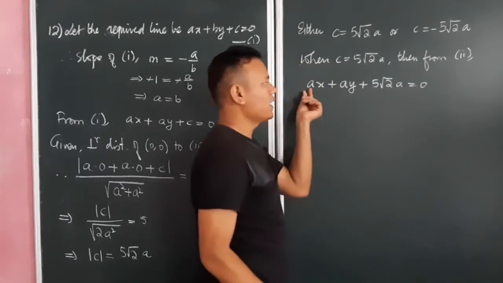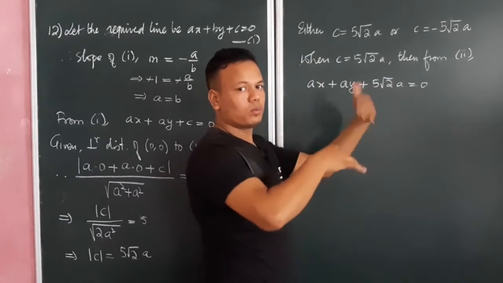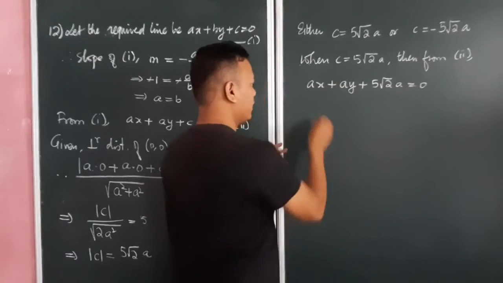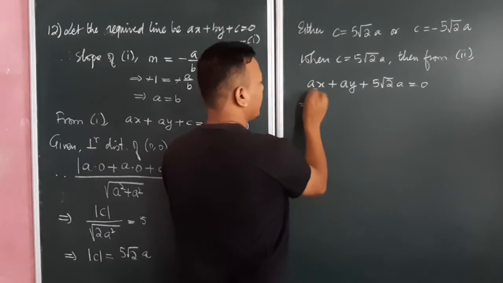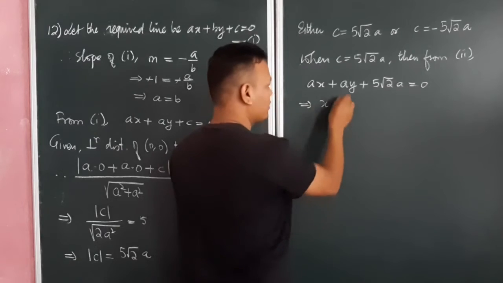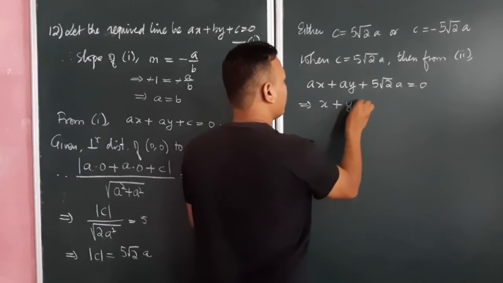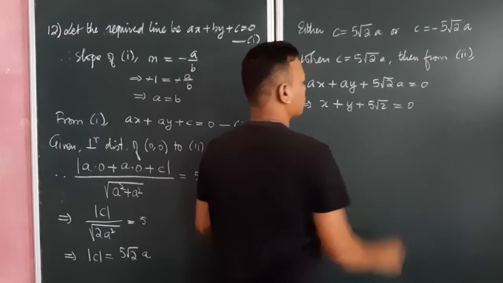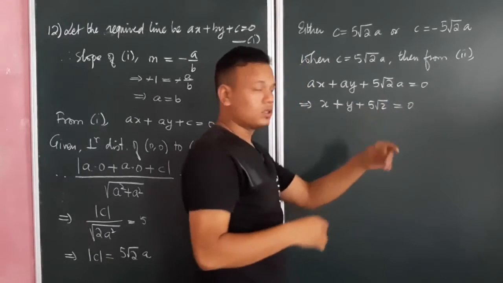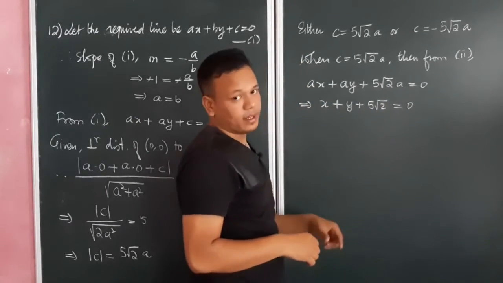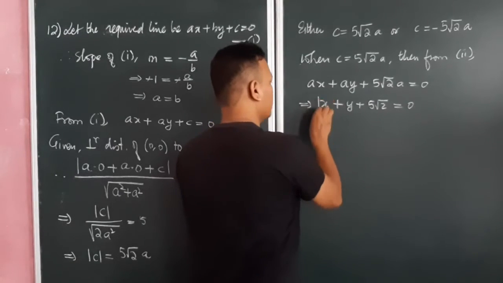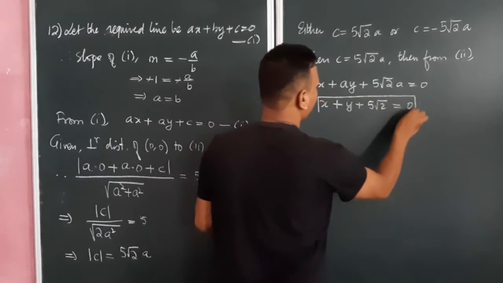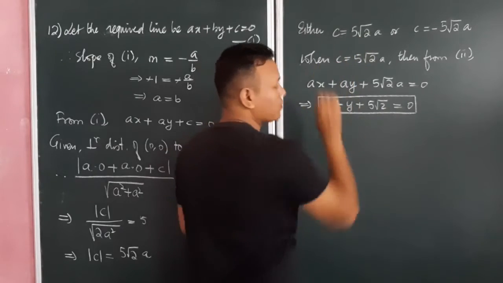Now a is common, so if you divide both sides by a, then a gets cancelled, so only x will be left, similarly we have y, and we'll get 5 root 2 equals to 0. Dividing throughout by a, I arrive at this. So this is one of the equations if c is taken to be this much.